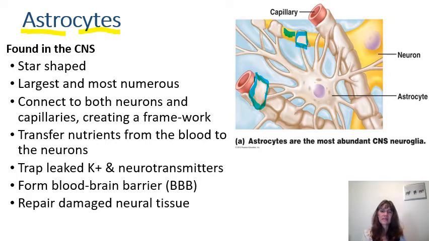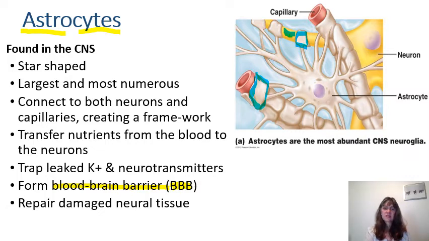Because the astrocytes seal off the capillaries, they help provide a part of the blood-brain barrier. We have to have that barrier, again, because blood is toxic to neurons.